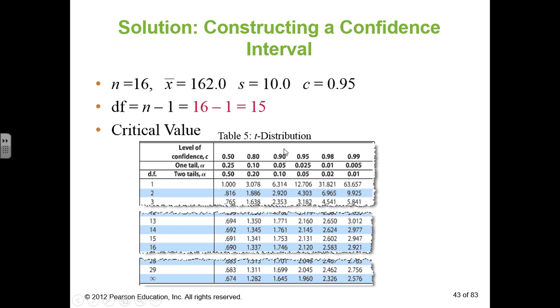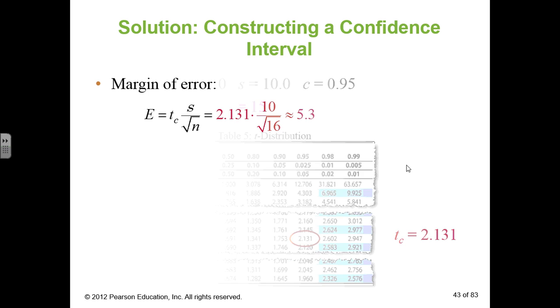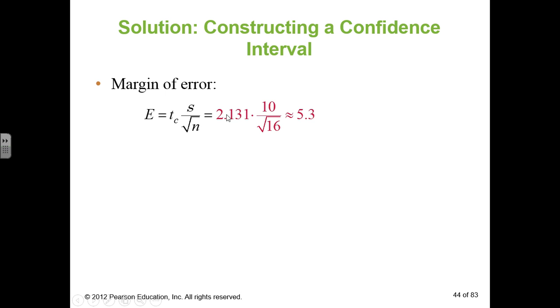Go to 15, find a confidence level of 95, and it's 2.131. So the margin of error is 2.131 times 10 over the square root of 16, which is approximately 5.3.